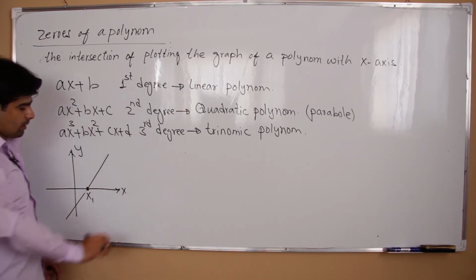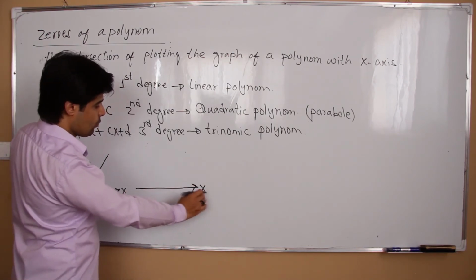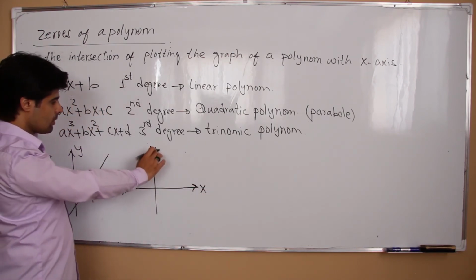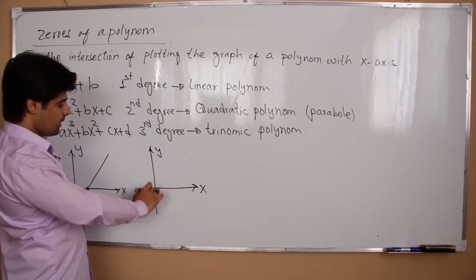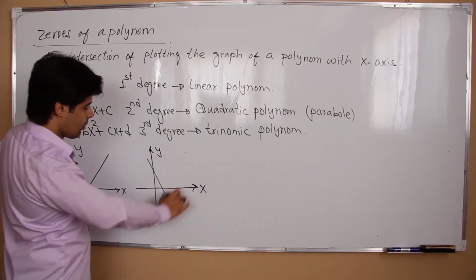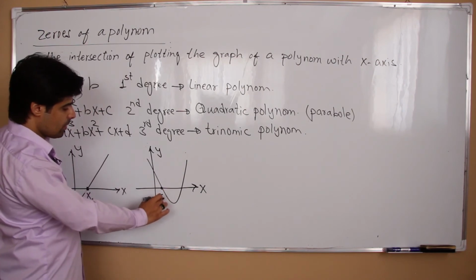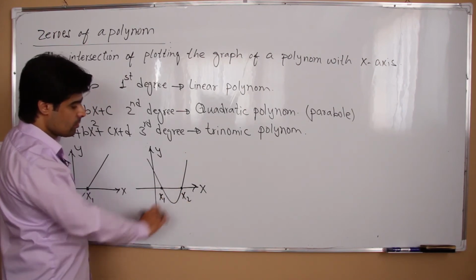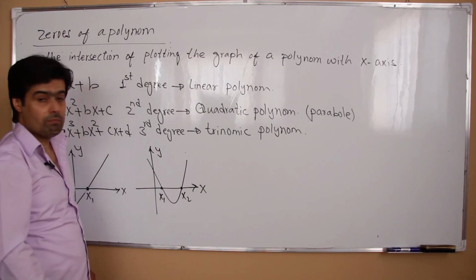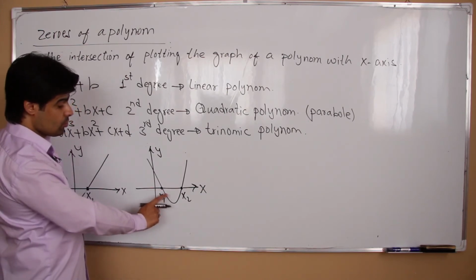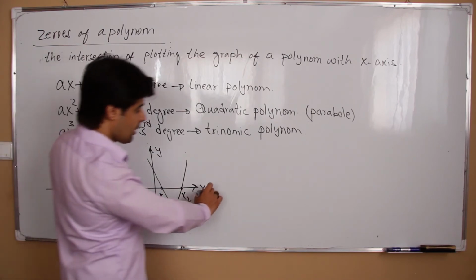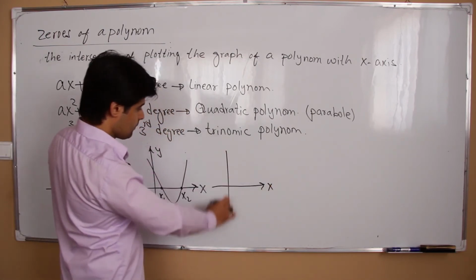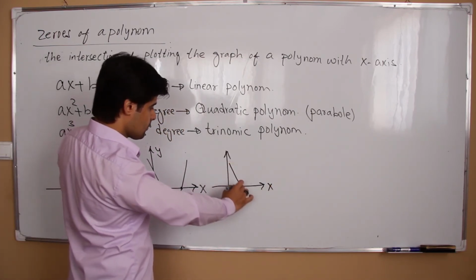If we want to define the second degree, generally it makes a parabola. So it's called x1, x2. The quadratic polynomial usually has two intersections. Sometimes it has one intersection, like this one.